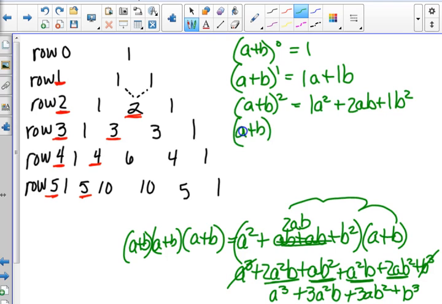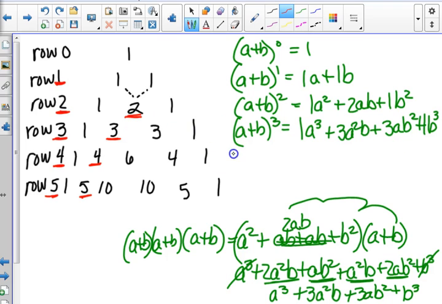A plus b cubed is 1a cubed. Now watch the exponents, guys. Plus 3a squared b plus 3ab squared plus 1b cubed. So the next line, are you getting where these are going here? The coefficients, you see them, 1, 3, 3, 1.